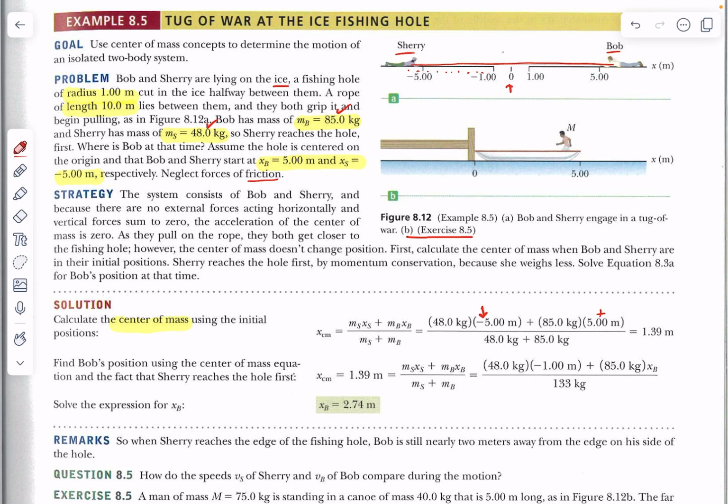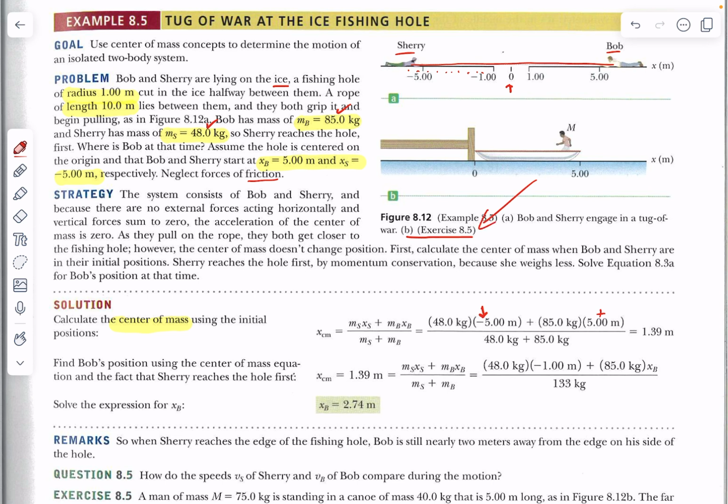Where is Bob when Sherry gets right to the end? And hopefully this is not Bob's intention to pull Sherry into the icy water beneath. So, this problem right here, by the way, is exercise 8.5, which you can do on your own.